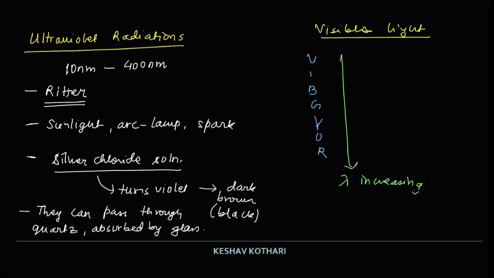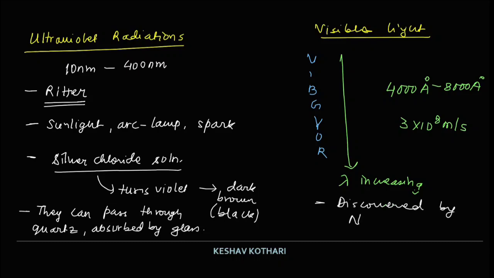The range is from 4000 angstrom to 8000 angstrom, and they all travel with the speed of light, that is 3 into 10 to the power 8 meter per second in vacuum. The visible spectrum was discovered by Newton.